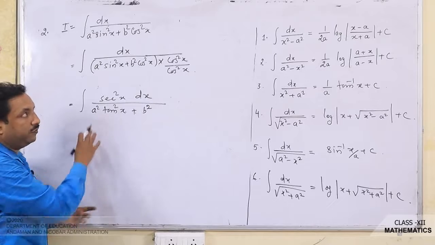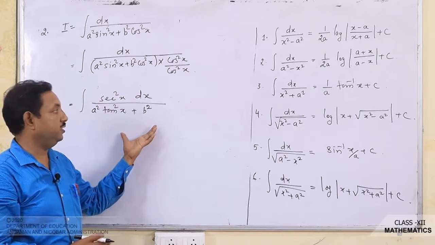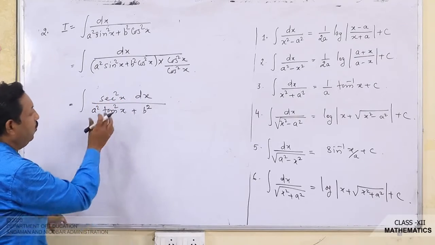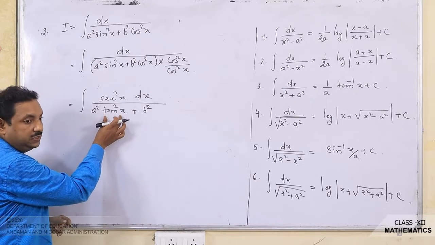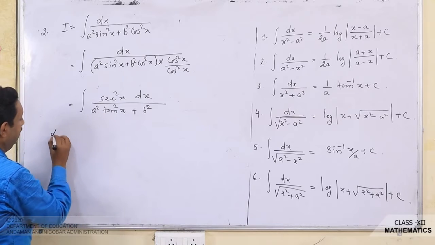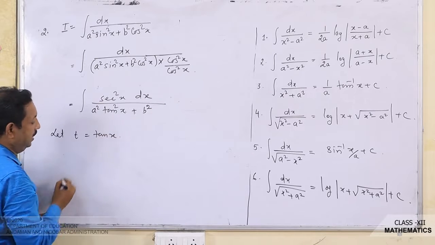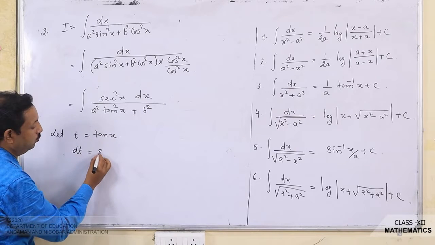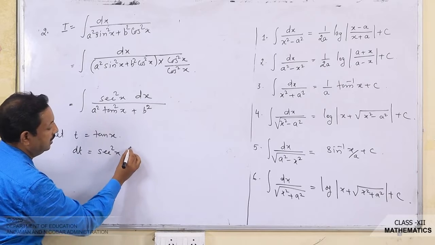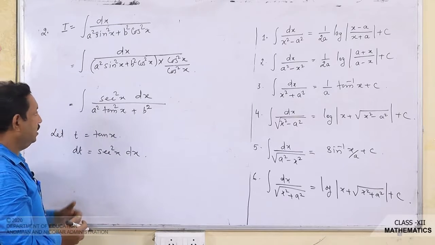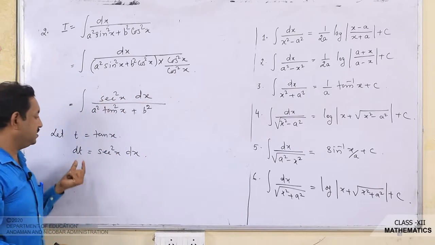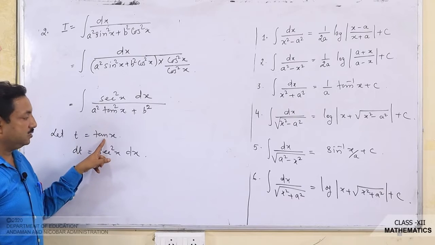Now we have changed this integration into this form. Now let t equal to tan x, then dt equals sec square x dx. Now check, sec square x dx means dt and t is tan x.